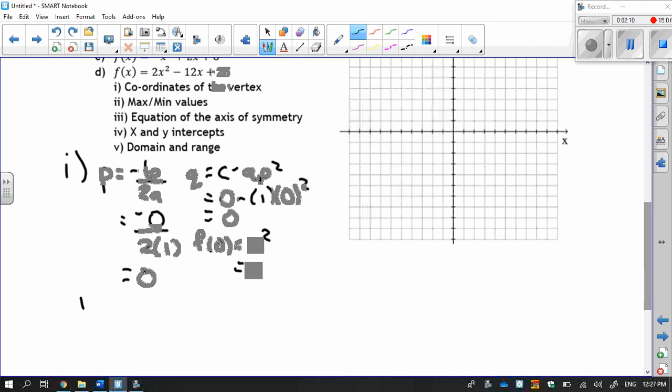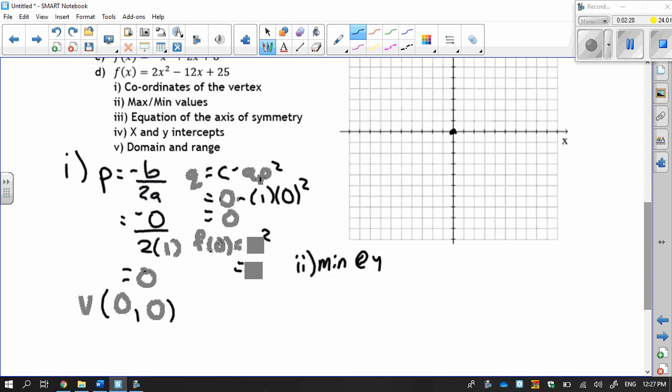It gets us the vertex point, which is what we want. So vertex is 0, 0. And we're doing this even though we know what this graph looks like in order for us to confirm what we're doing. Our max and min value, we have a min at y is equal to 0.